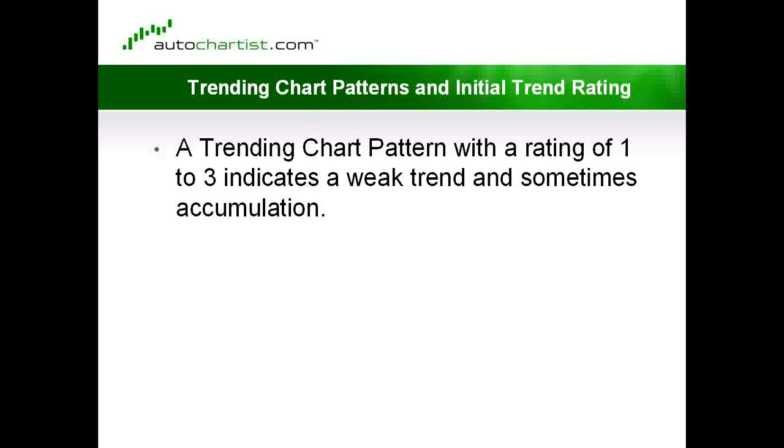What that may mean later is that when the market goes to break out of the channel, it may not have enough power to do it. So you have to keep an eye on when these patterns form, whether this initial trend is strong or not. That's one of the reasons why you want to look at this initial trend and know if it's weak or strong.